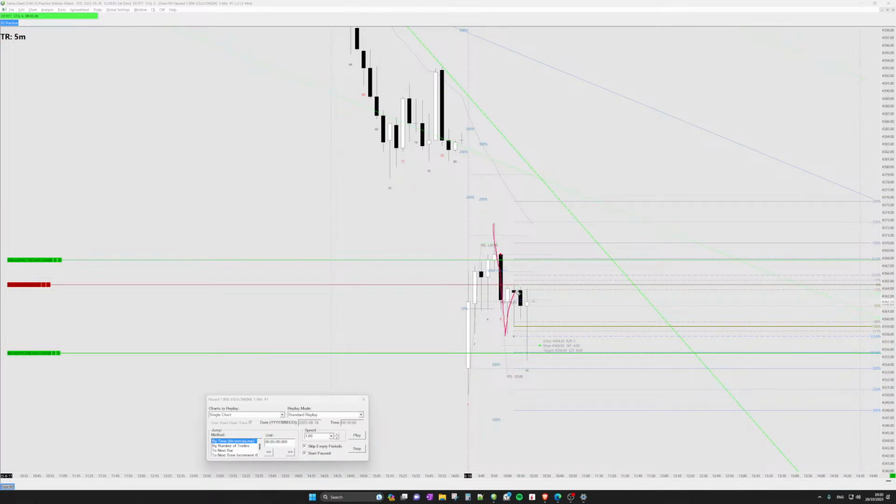Something to learn there. When we see a setup, we have to pull the trigger, because if not, we are changing our criteria every single candle.